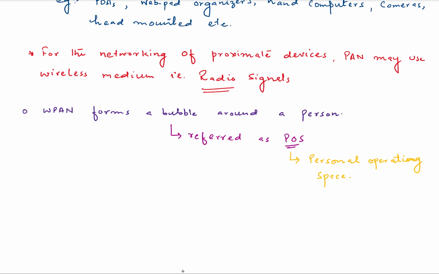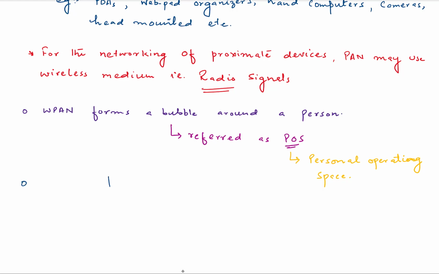And a fundamental concept behind wireless PAN systems asserts that any time two wireless PAN equipped devices get within approximately 10 meters of one another, that means their personal operating spaces intersect, then they can form a spontaneous, just in time and disposable connection.